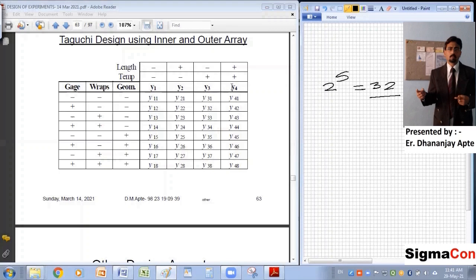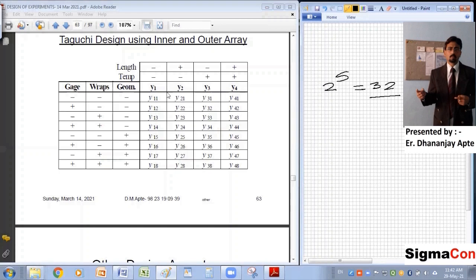Our output remains constant; it doesn't change even if length and temperature vary. Now, Y11, Y21, Y31 and Y41 happen to be similar, not much varying with each other, irrespective of length and temperature. So our design is robust against length and temperature.